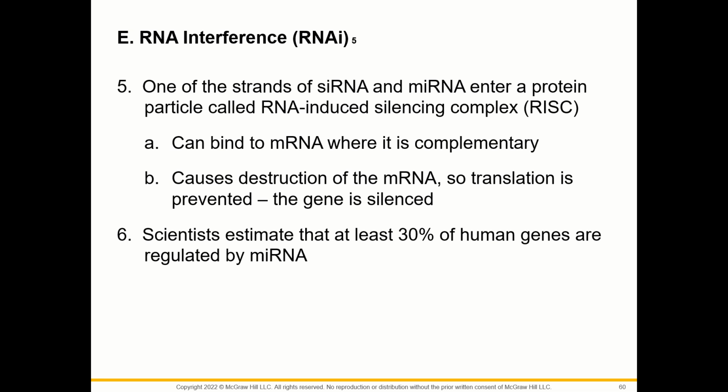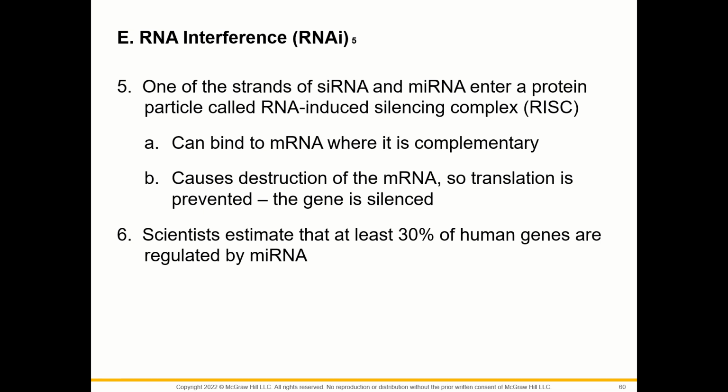Okay, so in summary, one of the strands of siRNA and miRNA enter a protein particle called the RNA-induced silencing complex, or RISC. These can combine with mRNA where it is complementary, causing destruction of the mRNA so translation is prevented and the gene is silenced. Scientists estimate that at least 30% of the human genes are regulated by microRNA.